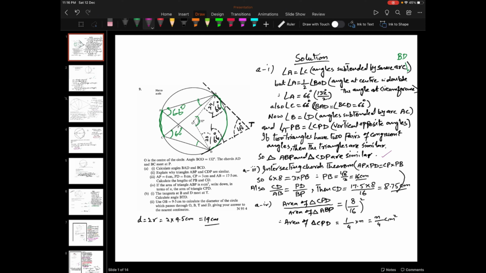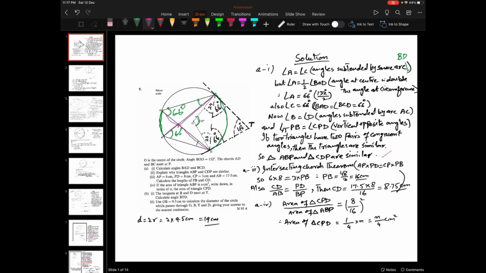Also angle APB is equal to angle CPD. What's the reason? Both are vertical opposite angles.